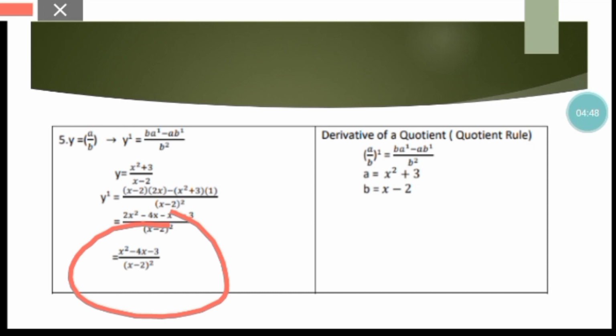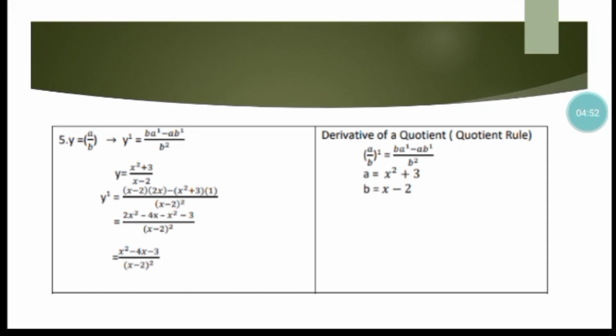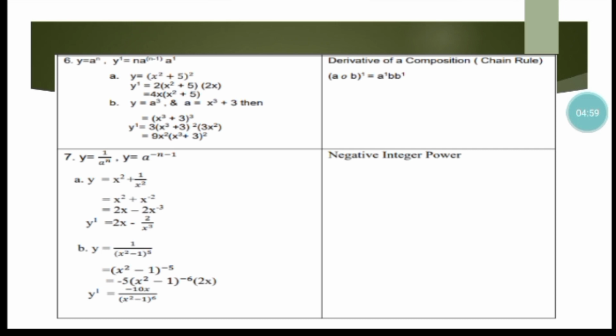This is not a full step-by-step process, but something like that. Next, we have the derivative of a composition, or the chain rule.